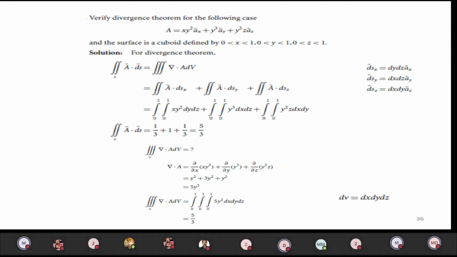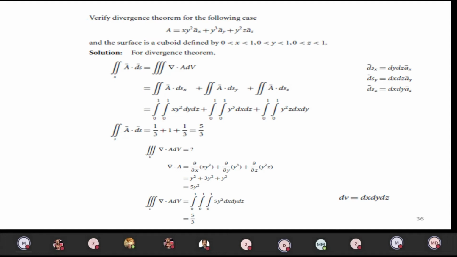For dSx, the coefficient is the ax coefficient of the vector, which is xy square, so I am substituting xy square. And for dSx, what do we have? We saw dSx, dSy, dSz in the Cartesian system in the last session. For dSx, what will we be having?